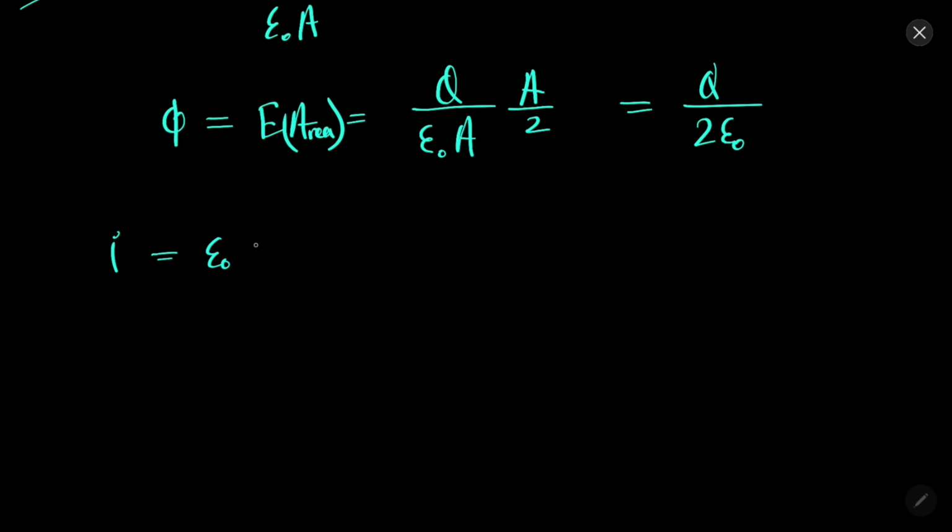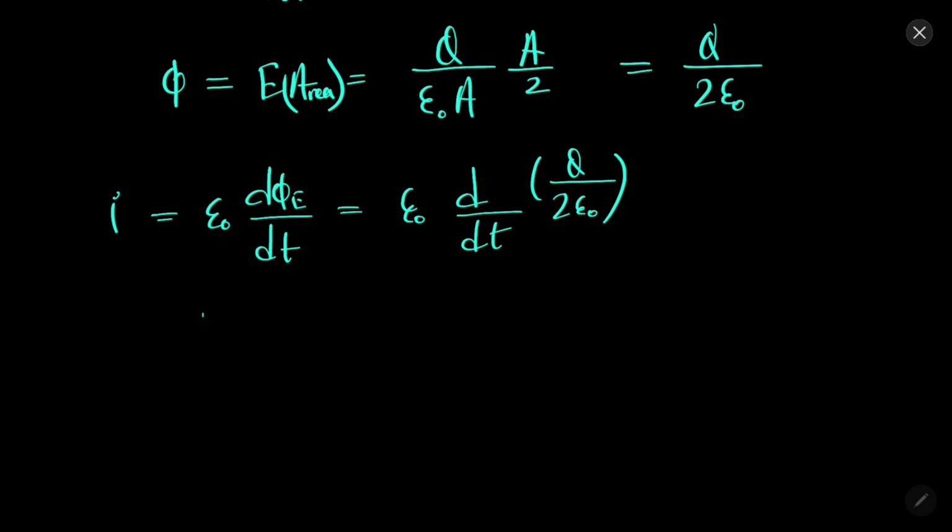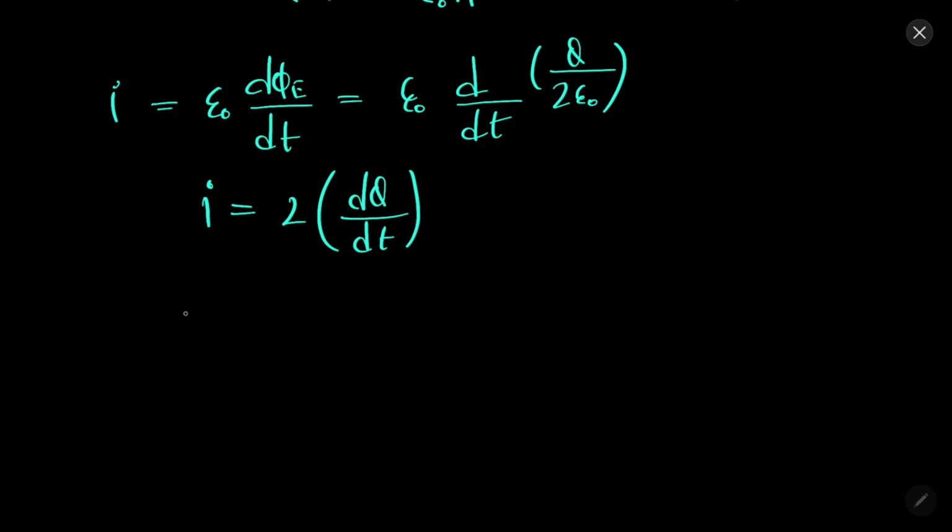So displacement current will be epsilon naught d phi E by dt. So epsilon naught d by dt of Q over 2 epsilon naught. So now I will be half dq by dt.